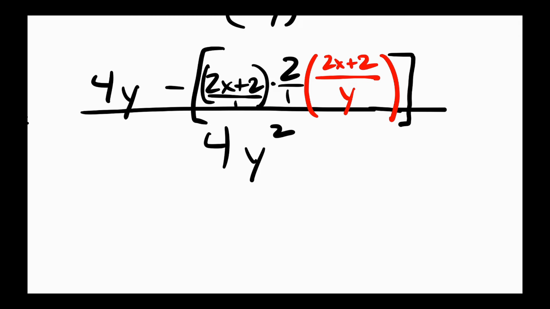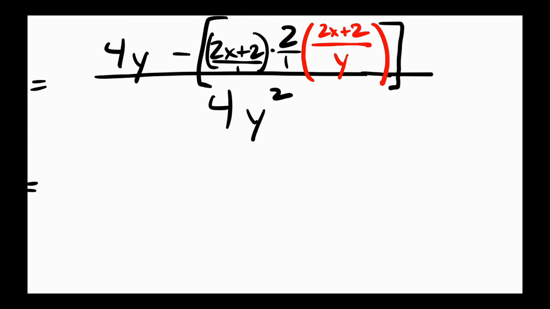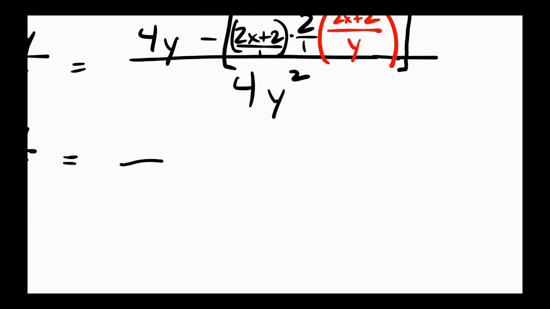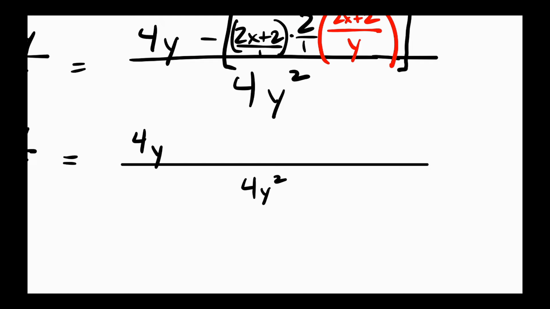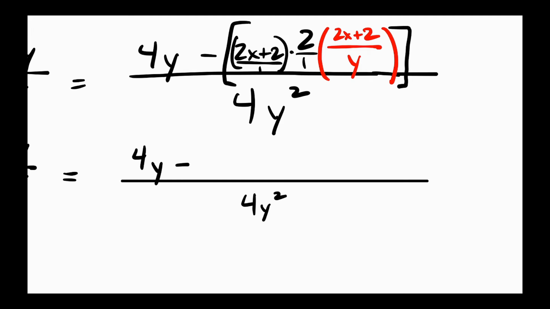I see here that I have 2x plus 2, so I'm not going to multiply them out. I'm just going to put squared. So let me simplify this. Four y squared on the bottom, 4y in the front. Up here, I have 2x plus 2 squared over y.